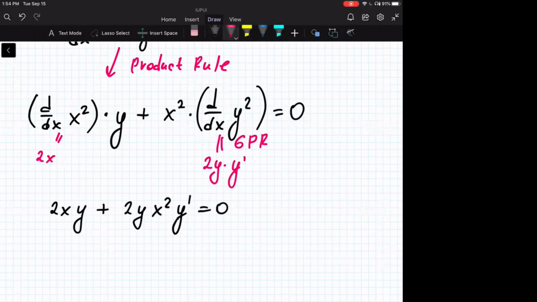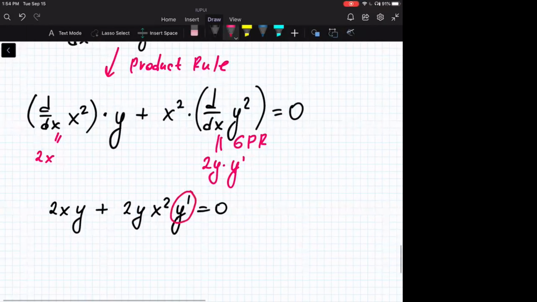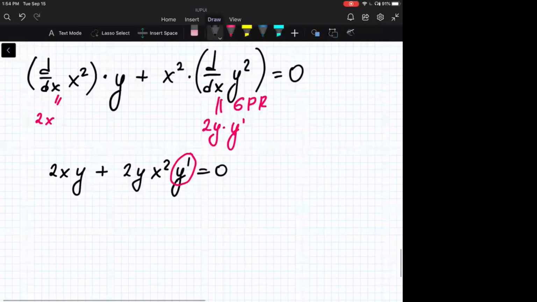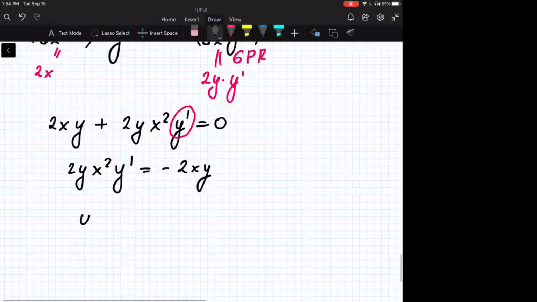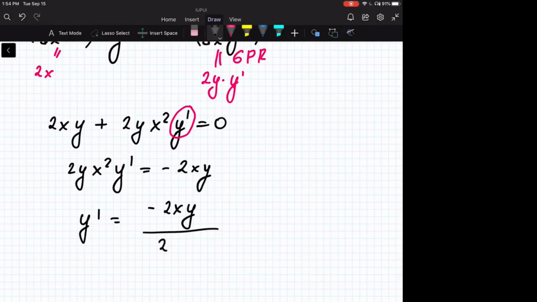And again, I get an equation that involves my y prime. That's what I'm looking for. So let me write it slightly more accurately: 2y x squared y prime is equal to minus 2xy, put it on the right, and then y prime thus will be minus 2xy divided by 2y x squared.